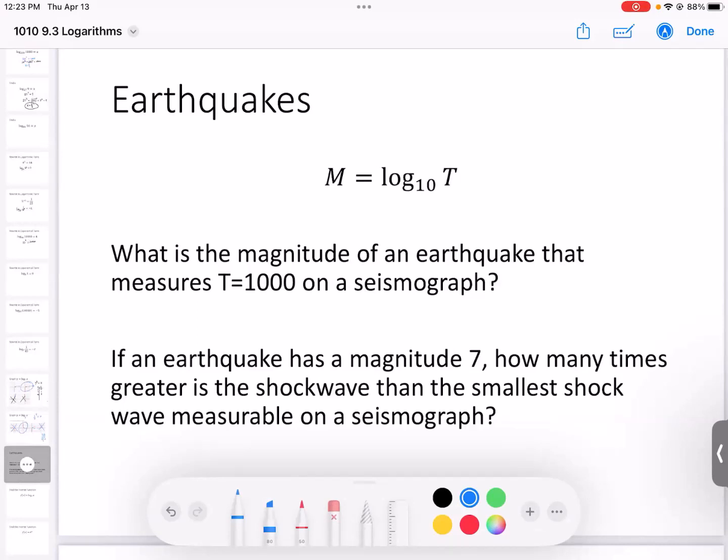If T equals 1,000, then I can just find the magnitude by finding log base 10 of 1,000. Might be easier to think about this in terms of exponential form. So I could rewrite this as 10 to the m power equals 1,000. And what would m have to be in that case?